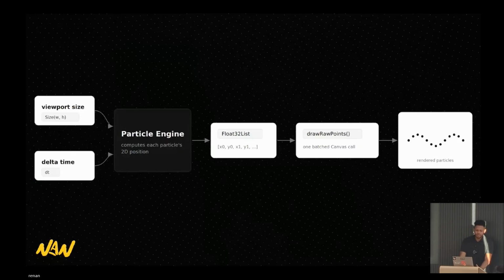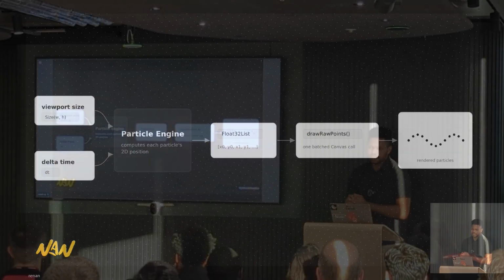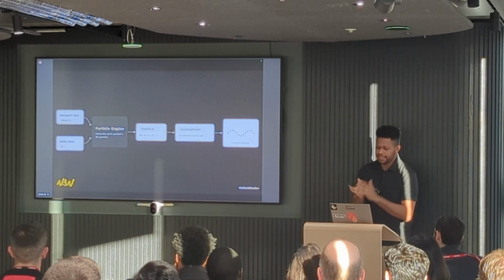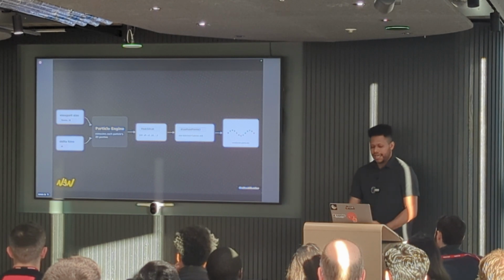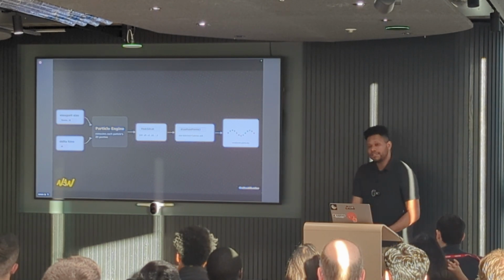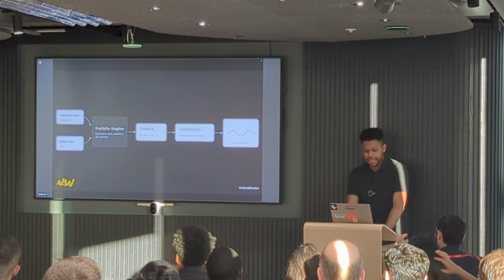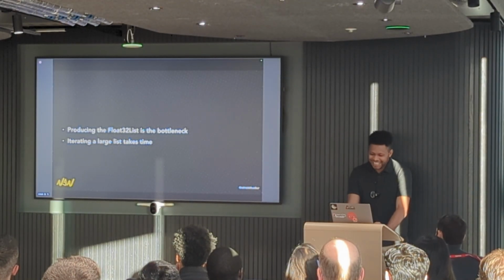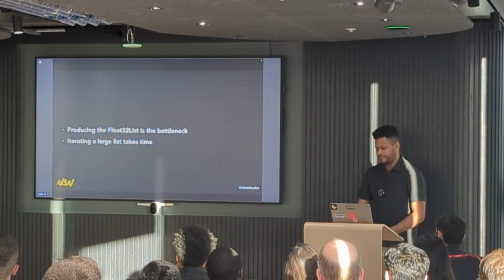The particle engine takes care of using these inputs and spits out the list that we need to draw raw points. And then drawRawPoints will do its job to put this on the canvas. But producing this list is the problem.